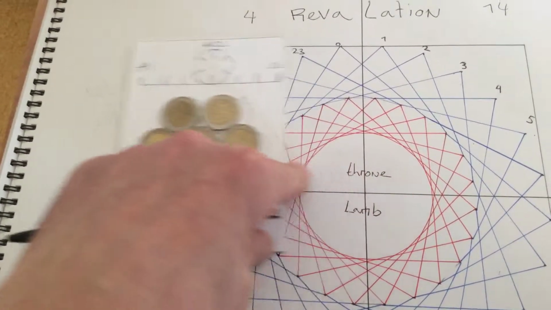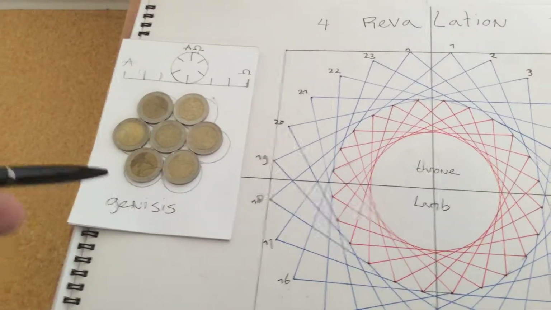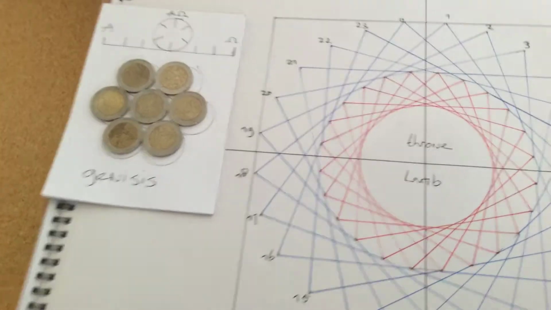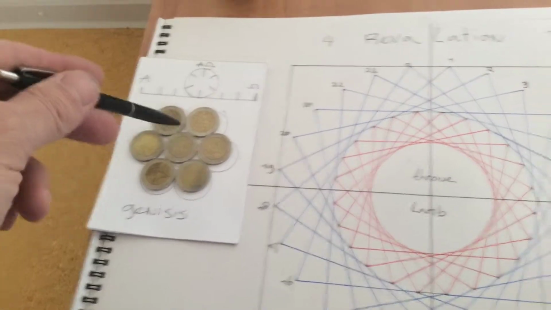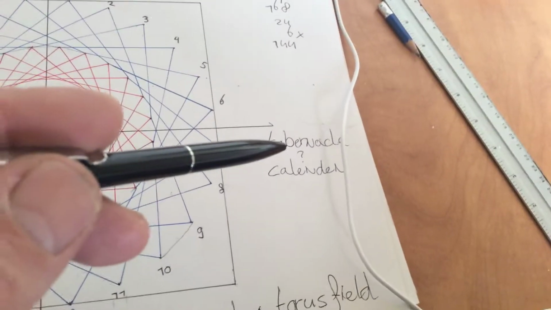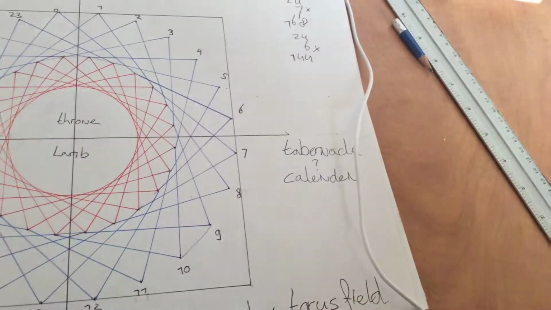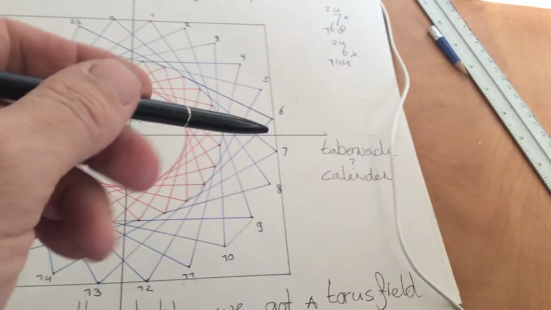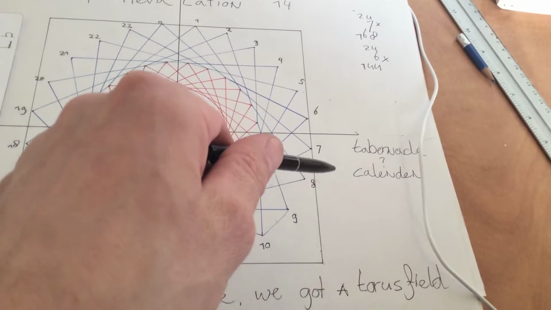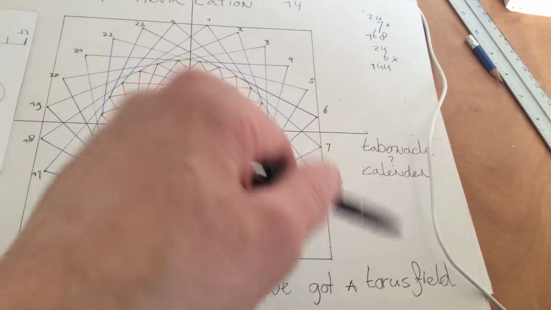And going on, probably I got into masonry in the Bible because of this. And then I got to the tabernacle and the calendar. When you make a 2D map of the tabernacle, you connect all the points.